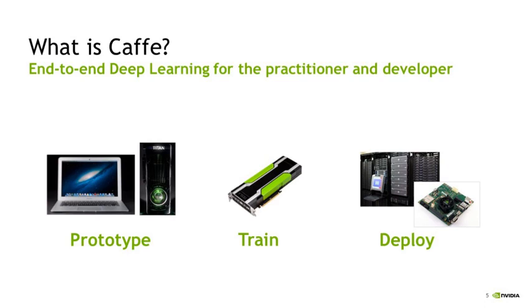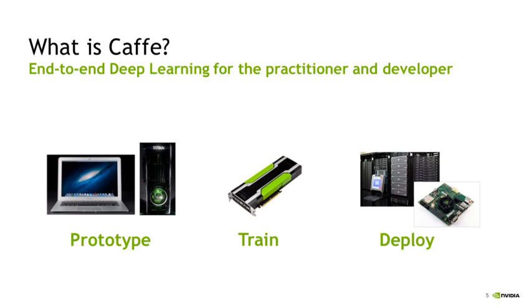It allows you to prototype networks, and that can be on a desktop system, perhaps with a commodity GPU where you train a medium-sized network, or it could even be on a system such as a laptop that doesn't have a GPU, just for working on your network design, checking that your network will train without errors. And then you can train on a more powerful system at a larger scale, perhaps accelerated with server-grade GPUs.